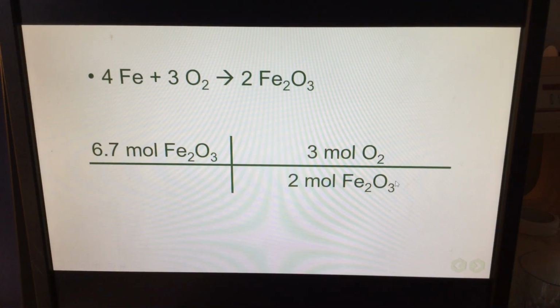Then our moles of iron oxide cancel out, and we do the math. 6.7 times 3 divided by 2 gives us 10.05 moles of oxygen.